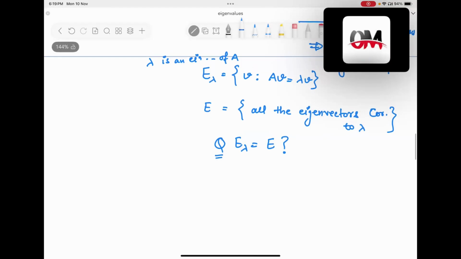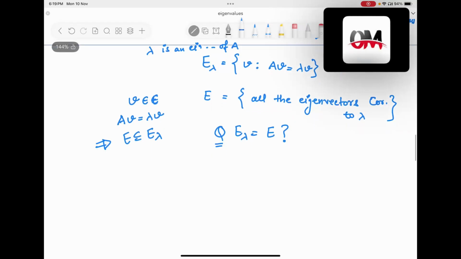But suppose you have a v in E, right? So v is an eigenvector of the matrix A corresponding to lambda. So that means Av equals lambda v, right? So it simply says E is always a subset of E lambda, right? Now, can you do the converse also?